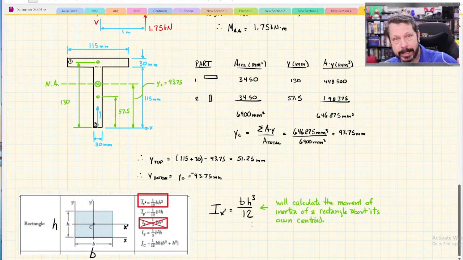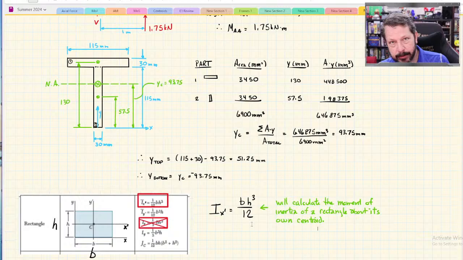First of all, I'll need it twice because I've got the flange, part 1, and the stem, part 2. But then those equations, bh cubed over 12 for those shapes, would give me the moments of inertia about the wrong spot. I need the moment of inertia about the neutral axis of the T shape, because that's the cross section of the whole beam.